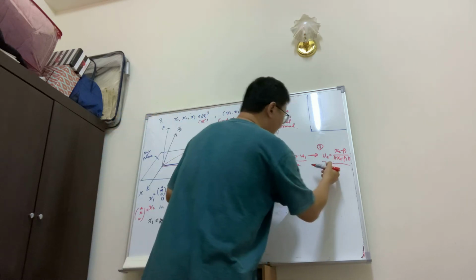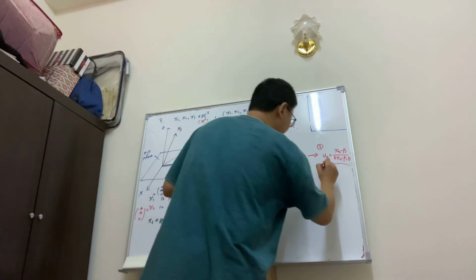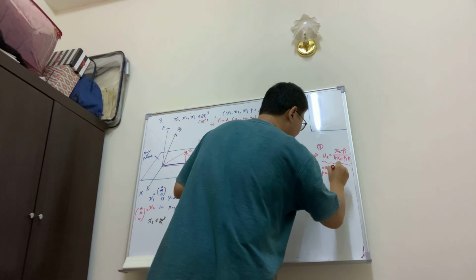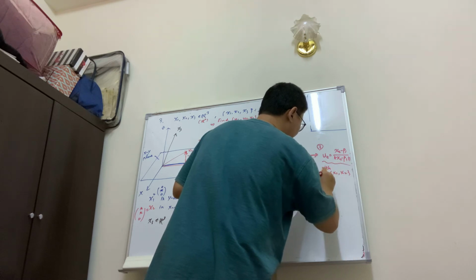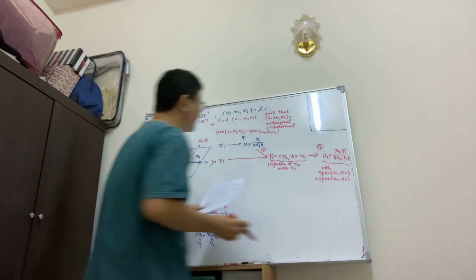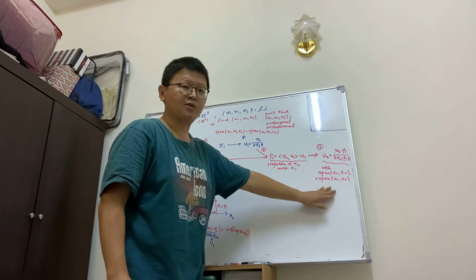So for the vectors U1 and U2, which property do we have? The span set of x1, x2 equals the span set of u1, u2. Even in R3 space, and in Rn space, this property also holds.